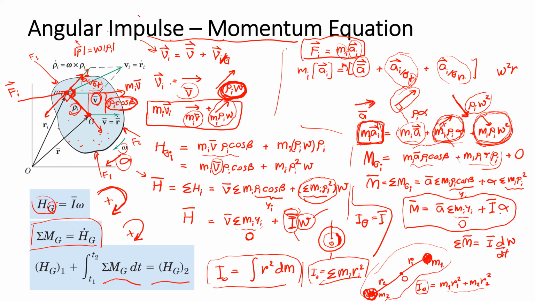But I bar omega is h bar. I bar omega is the angular momentum. We also can relate the summation of moment equal to the rate of change of the angular momentum. And here is the angular impulse. Angular impulse also affects the change in the angular momentum.